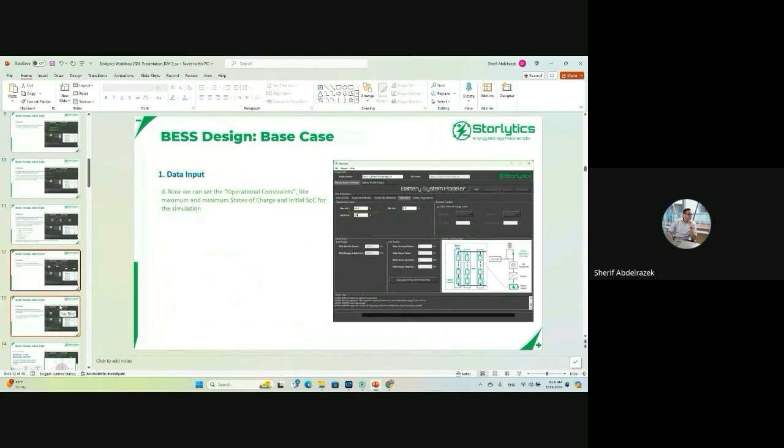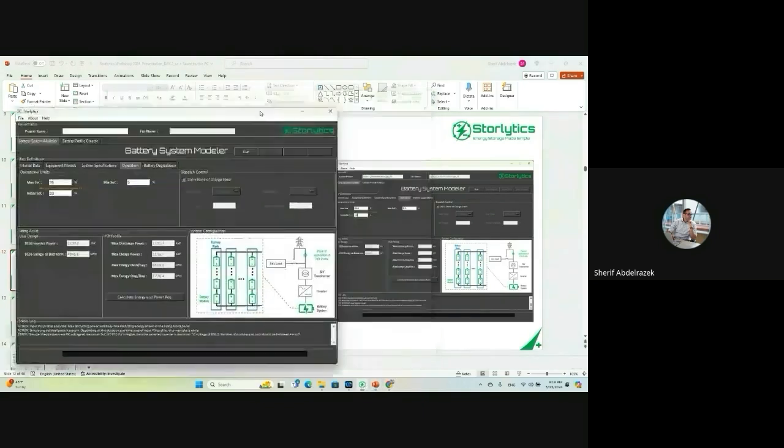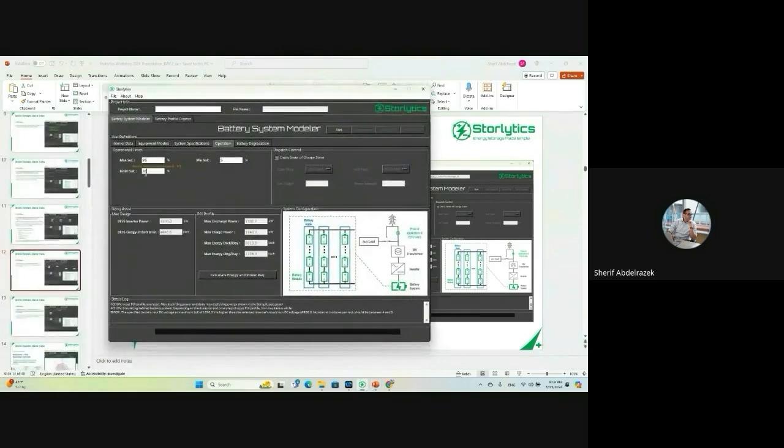And for the initial state of charge, we can set it here at 5%. The reason I set it to 5% is because I know the first day of this simulation is one where we want to charge from solar in order to discharge that energy later.